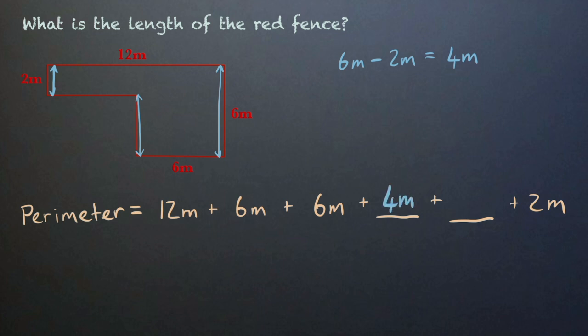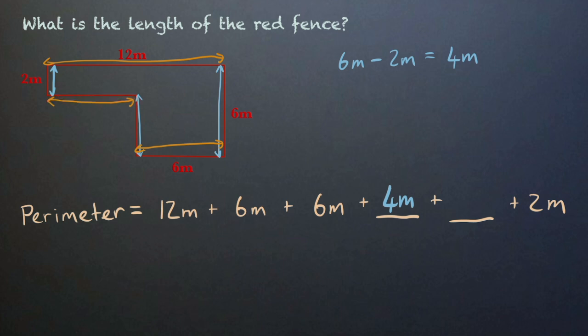For our other unknown measurement, which is this one here, we've been given this full length, and we've been given this one here, but we don't know this one here.